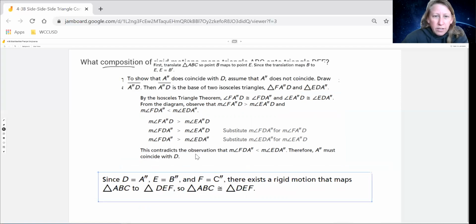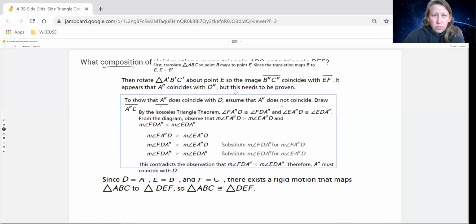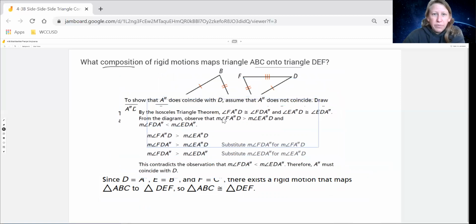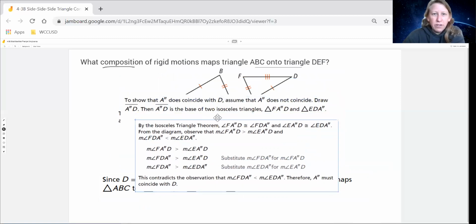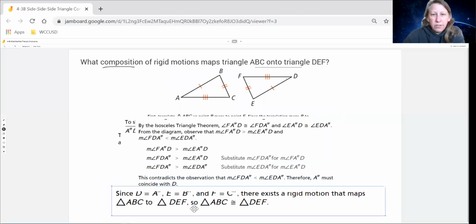This is called a proof by contradiction. So they say there's all this stuff here, but it contradicts the fact that that angle is supposed to be smaller than the other one, which means that the triangles are supposed to line up on each other. And because of that, we are allowed to say that the triangles are in fact perfectly congruent. So this is really interesting, really complicated. All you need to know is that these triangles are going to match up, and this is a proof of why.